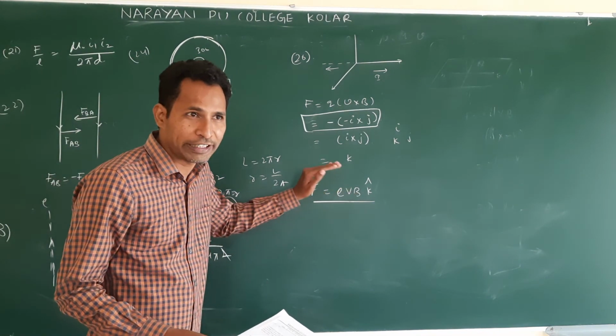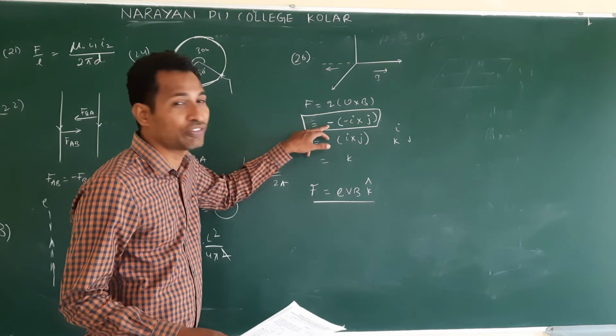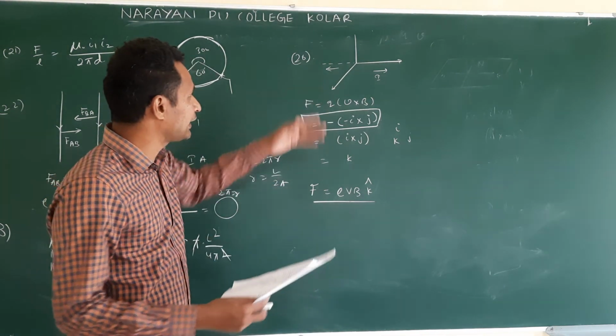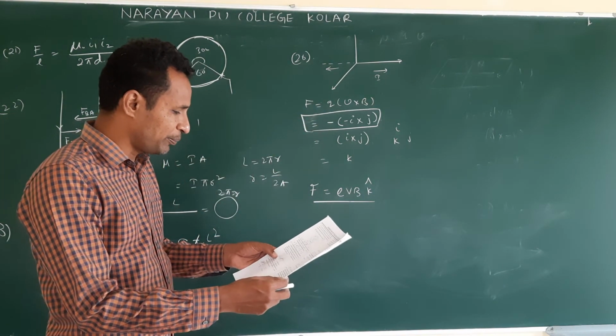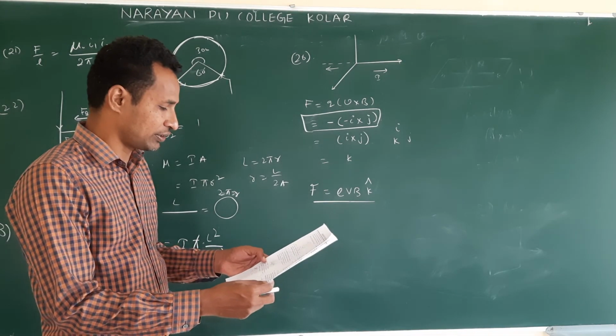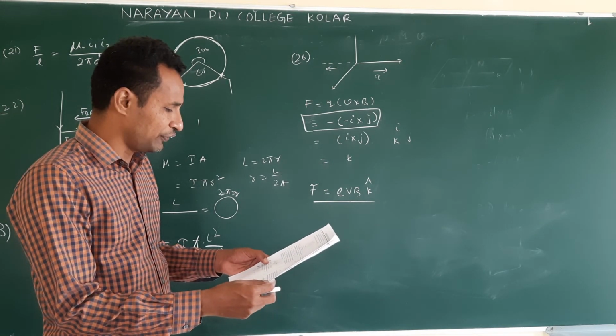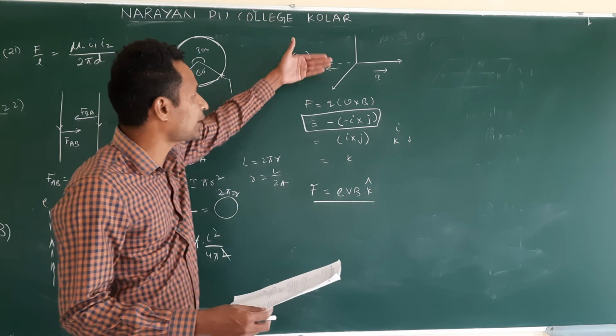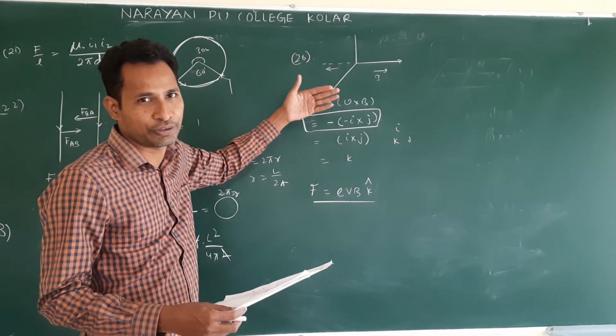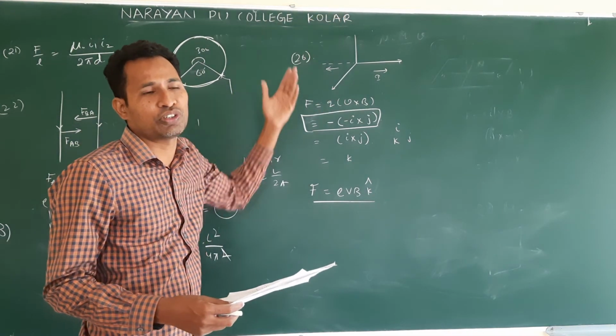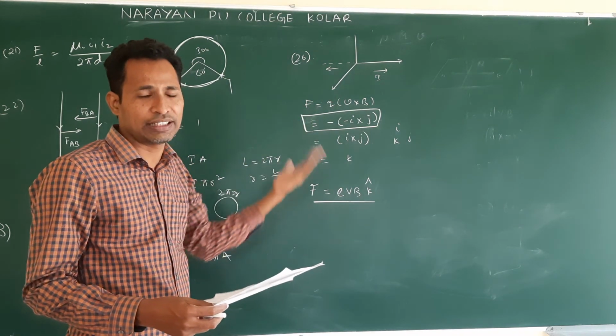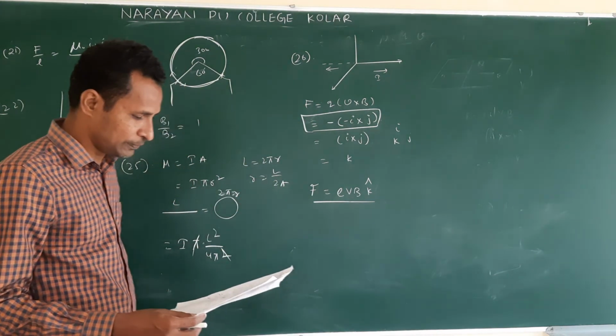In magnitude we will take only the charge. To decide the directions we will take minus. So all electrons come to the A, B, C, D face. So force is e, V, B, K. All electrons come to this side. Electron charge is negative, the other side is positive. So positive we will take as higher potential, negative we will take as lower potential.